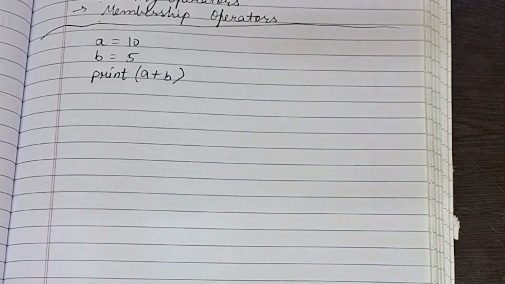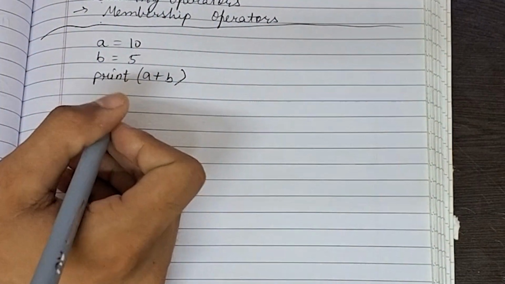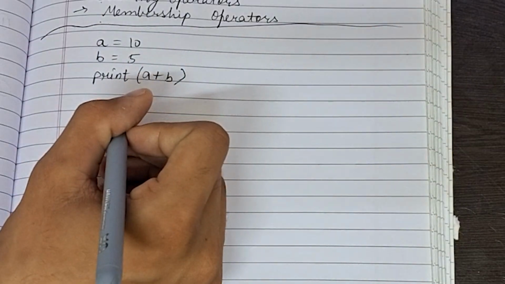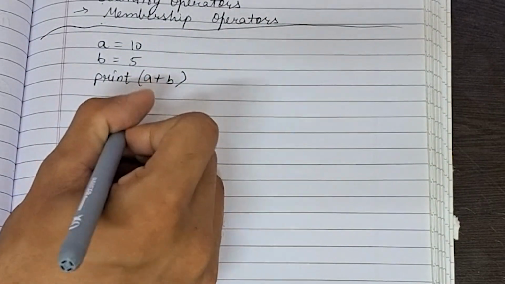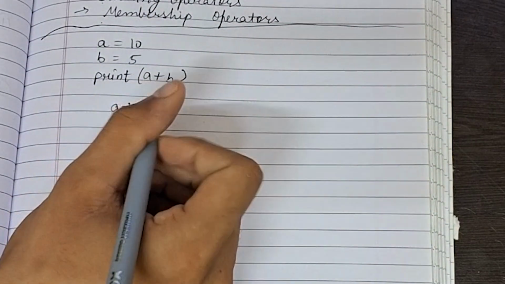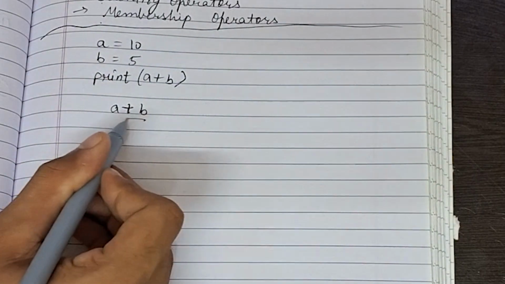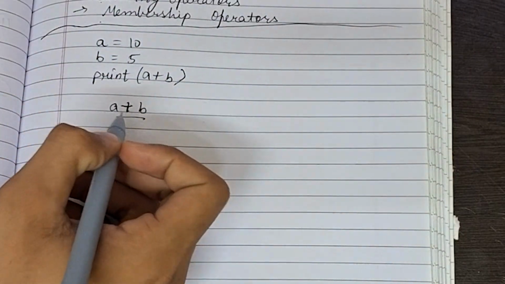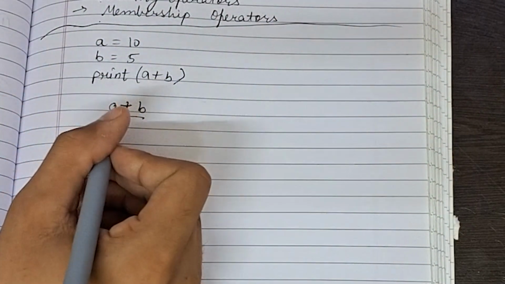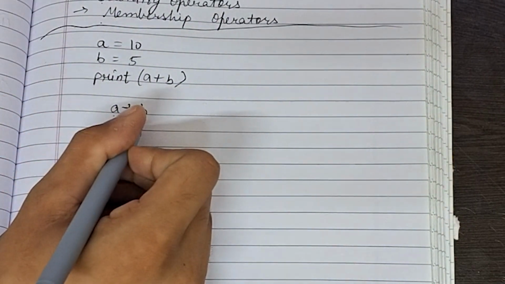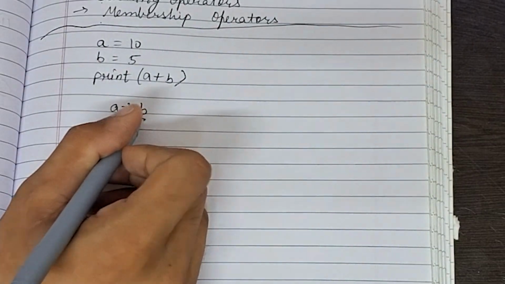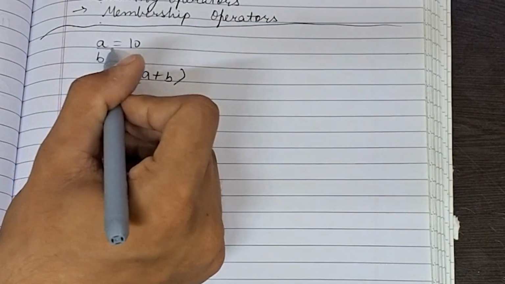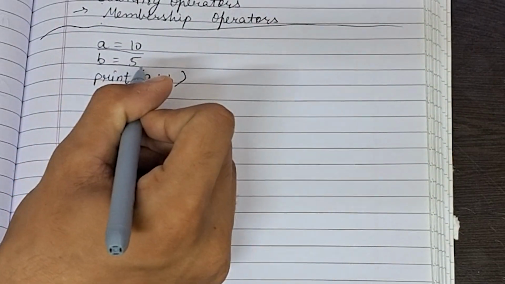What is happening here? What does A plus B mean? It will add. What is the use of plus? Plus means to add something. So it will add A plus B. A and B are variables here and they are storing some values: A is equal to 10, B is equal to 5.